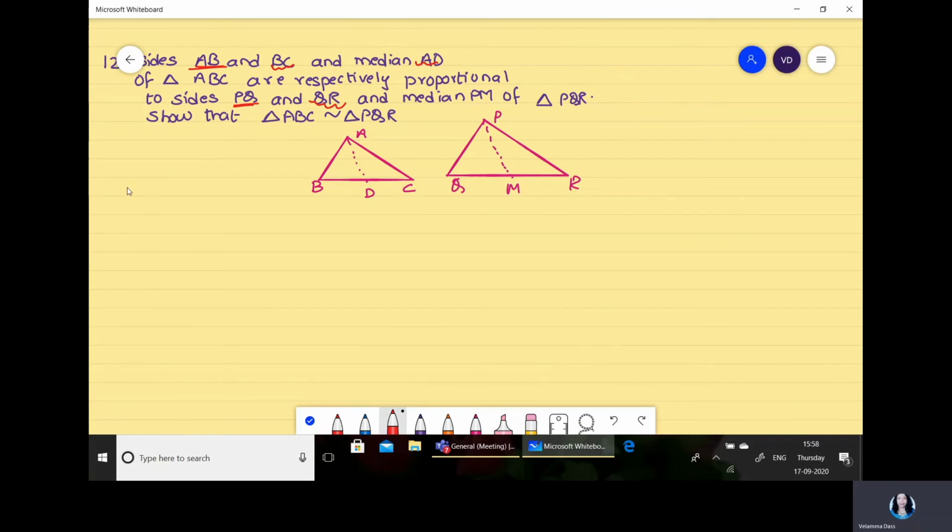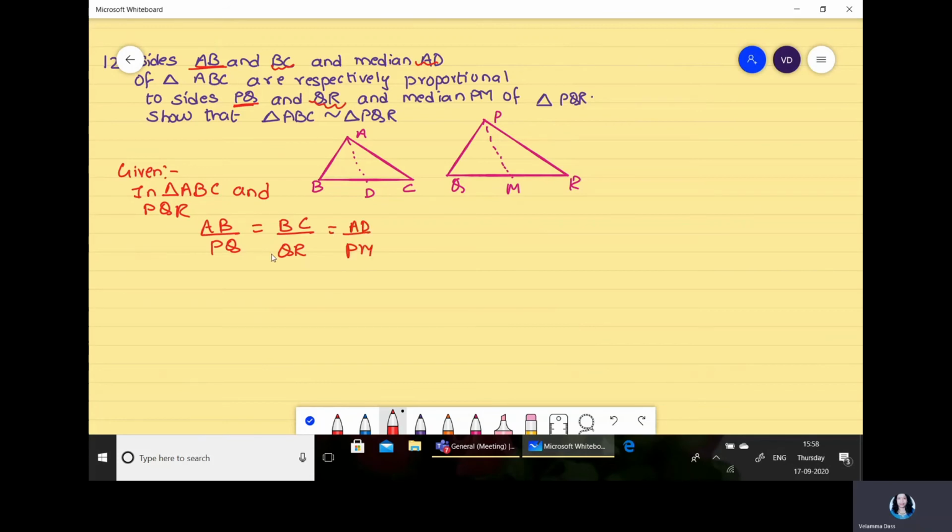From the given, if I want to put it mathematically, in triangle ABC and triangle PQR, they are talking about proportionality of the sides. That is, AB upon PQ equals BC upon QR equals AD upon PM.